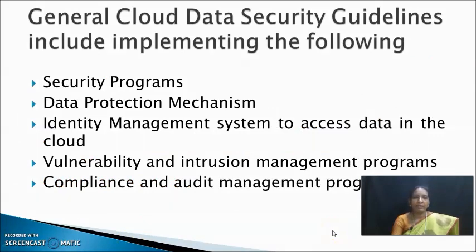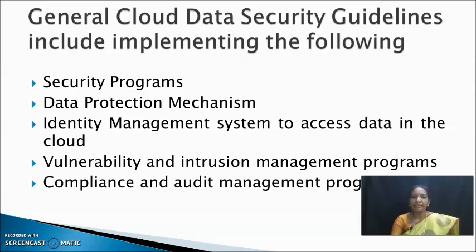So finally, general cloud data security guidelines include implementing the following programs. The first one is we have to implement security programs like antivirus software, etc. Second one is data protection mechanism. We have to include data protection mechanisms like encryption, decryption, everything.